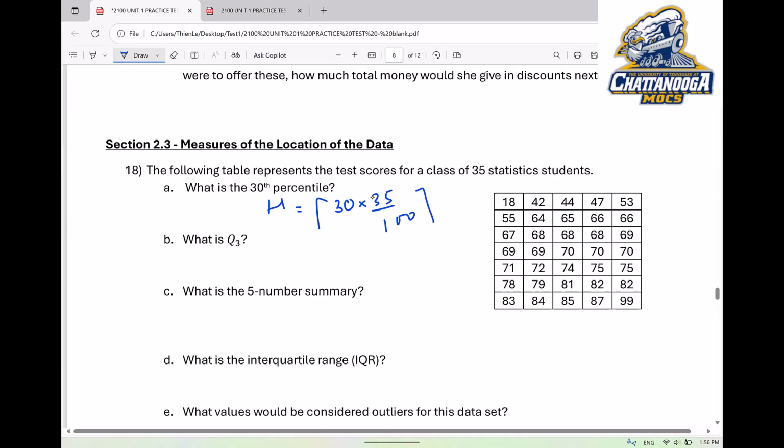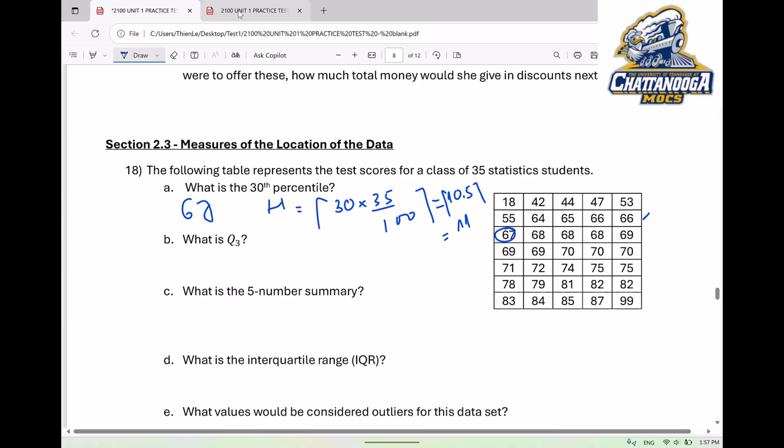If you perform the calculation on your TI, you should get 10.5 here, which rounds up to 11. So just count here, 1, 2, 3, 4, 5, 6, okay, 10 here, right? 11, which is this value, which is 67.